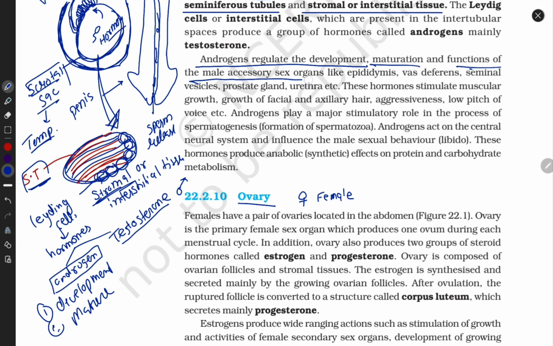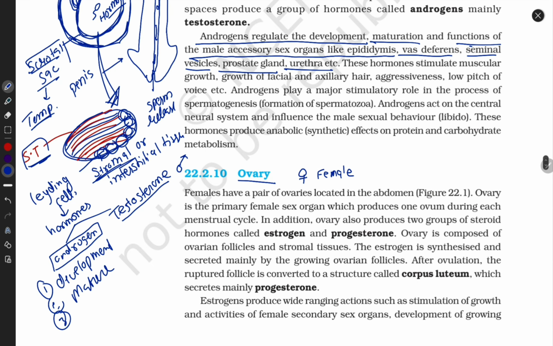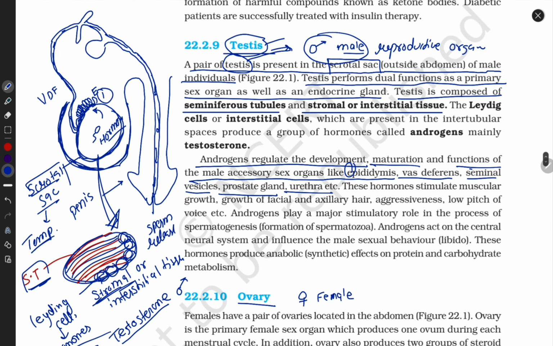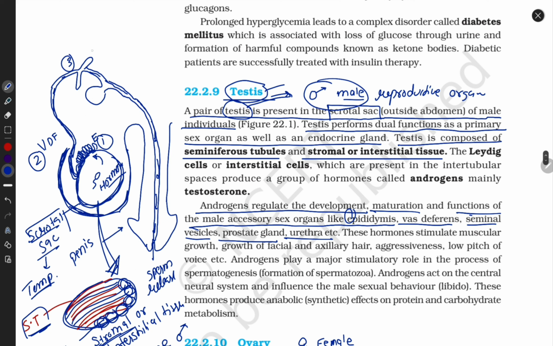Function of male accessory sex organs like the epididymis, vas deferens, seminal vesicles, prostate gland, urethra, etc. What will androgen do? It makes the male sex organs: first the epididymis, second the vas deferens, third the seminal vesicles, fourth the prostate gland, and another thing is the urethra.